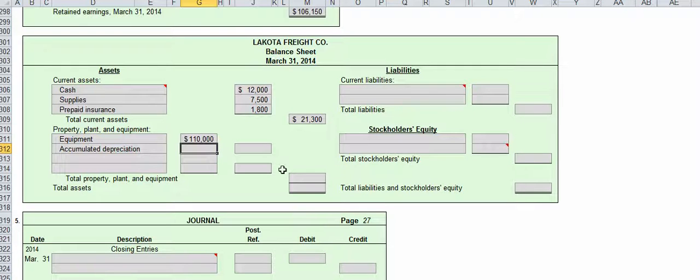Hope that makes sense. We normally, on the adjusted trial balance and in the ledger, would put accumulated depreciation dash equipment. That'd be overkill here because we're pairing it with the equipment account.